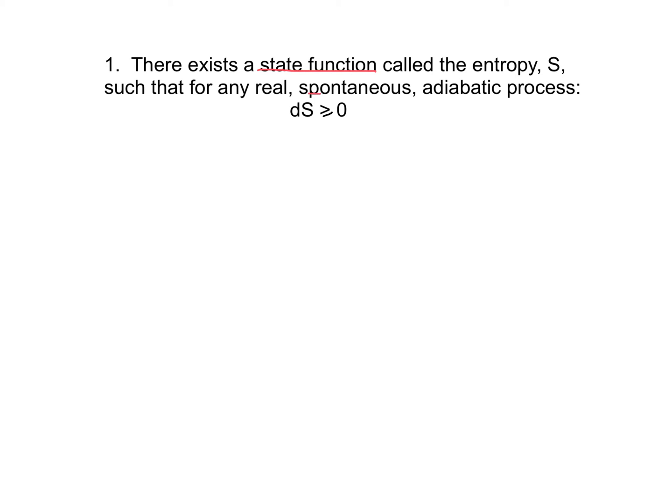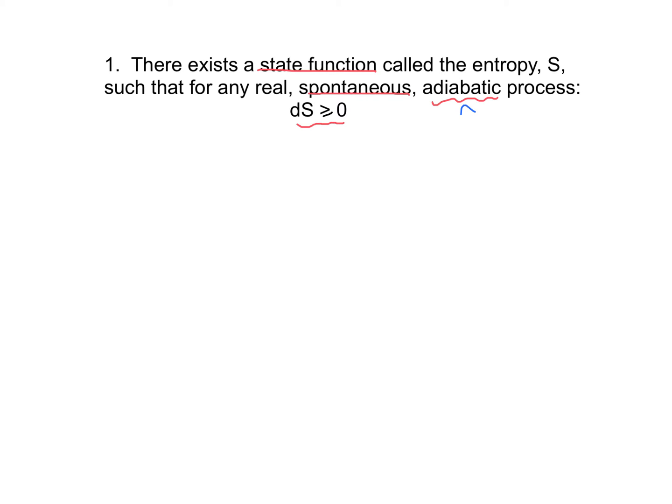A process will be spontaneous if the entropy increases when the process is adiabatic. So this puts a restriction on the types of spontaneous processes for which the entropy increases.